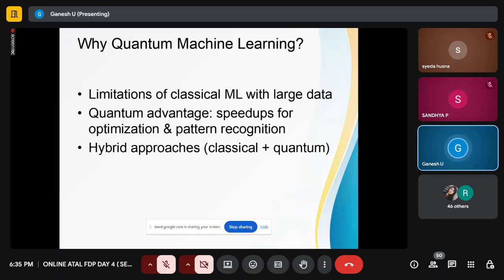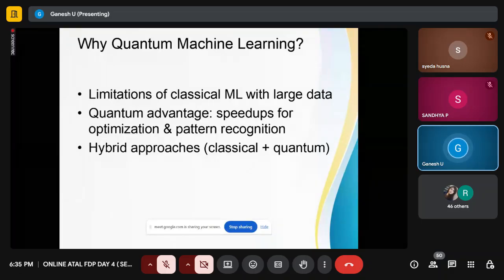Why we are adding quantum: it speeds up and offers the potential to solve optimization and pattern recognition problems significantly faster than classical computers for specific, well-defined tasks. The advantage comes from leveraging unique quantum mechanical properties such as superposition, entanglement, and interference, along with quantum gates and quantum circuits.